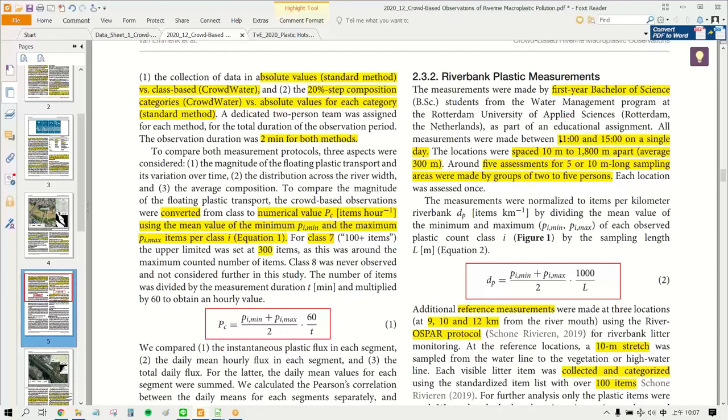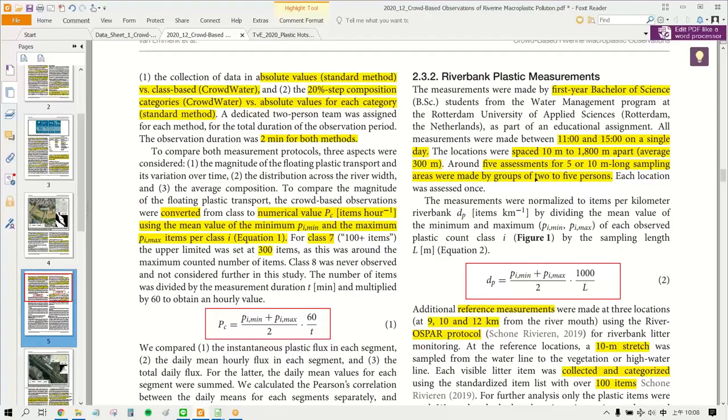It was only done from 11 a.m. to 3 p.m. on a single day on this riverbank. And these locations are quite uneven, because the space between each location is 10 meters to 1,800 meters apart.